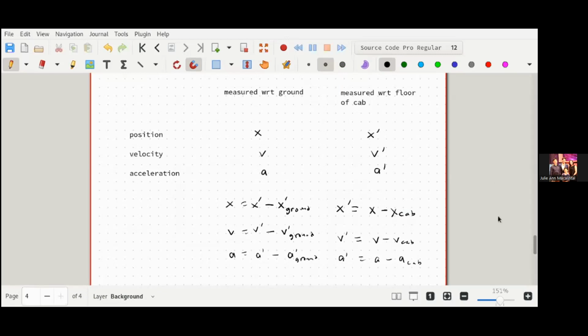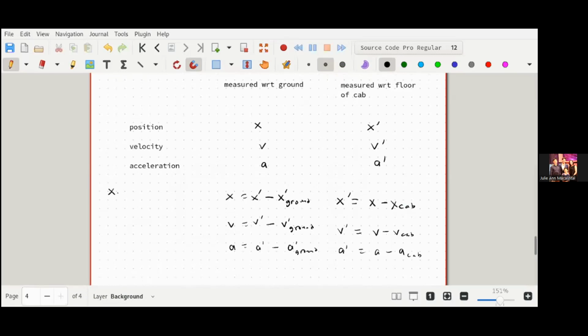This happens because the position of the floor of the cab is equal to the negative of the position of the ground with respect to the floor of the cab, and so on. So V cab is the negative velocity of the ground as measured by the cab. Sorry, V cab first before A cab. And then the acceleration of the cab is equal to the negative of the acceleration of the ground as measured by the cab.